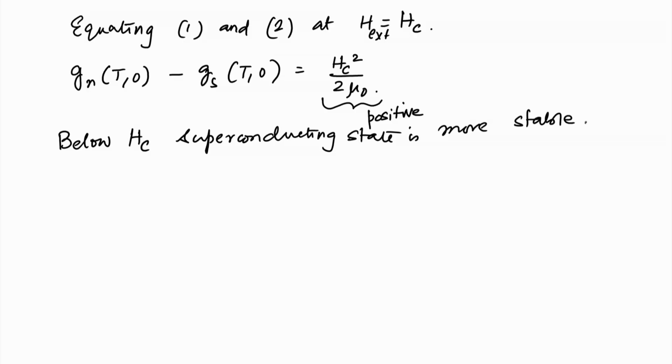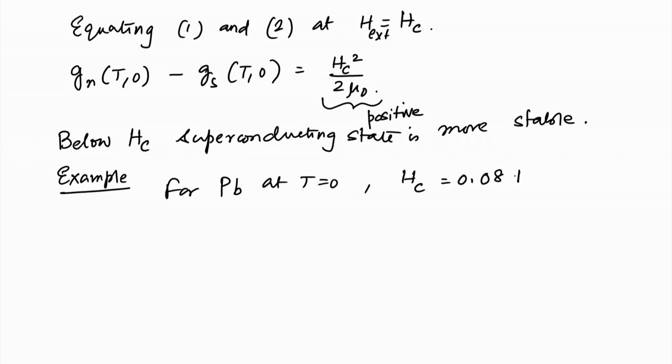So, let us give an example. For lead at T equal to 0, H c equal to 0.08 Tesla.